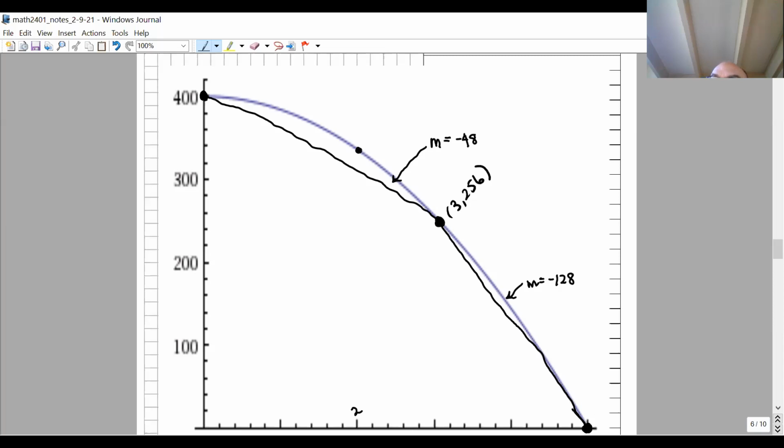Or let me ask the same question in a slightly different place. The screwdriver hits the ground at 5 seconds, because f of 5 was 0. So exactly when it hits the ground, how fast is it dropping?